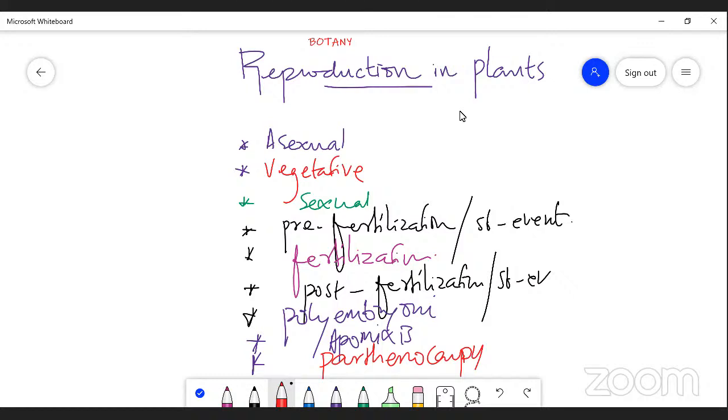So first of all, let me take the asexual method and the vegetative method of reproduction. Today I have decided to take two topics only. The first topic is the asexual method and the second topic is the vegetative method, right?